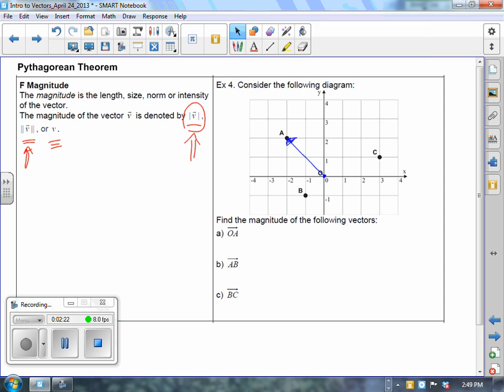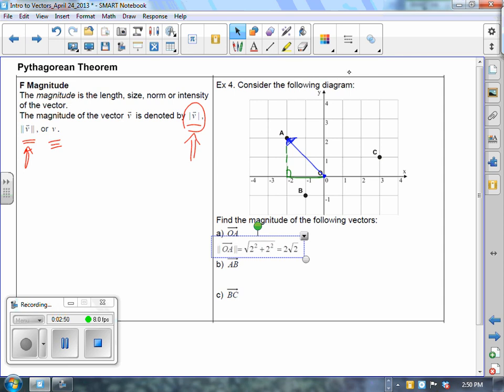So as far as its magnitude is concerned, if we consider a right-angled triangle, which we'll create here, you can apply the Pythagorean relationship to solving for the length of line segment OA, and in terms of the directed line segment vector OA, we would have the following relationship.